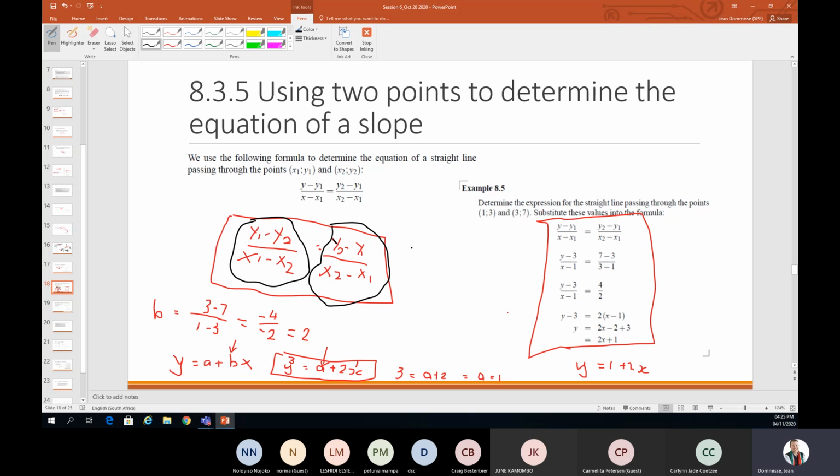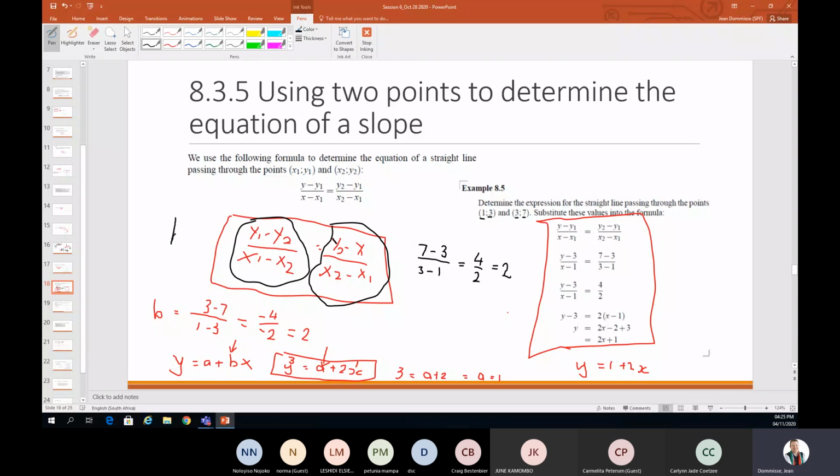So when we set y2, so y2 is 7, minus y1 is 3, and we divide by x2, which is 3, minus x1, which is 1. So at the top, 7 minus 3 is 4. At the bottom, 3 minus 1 is 2. And by that way, we also get 2.